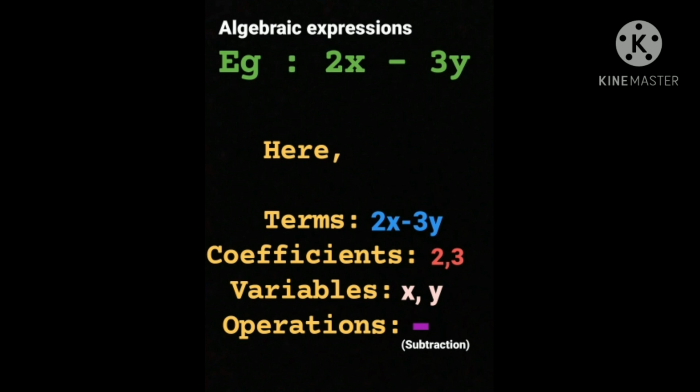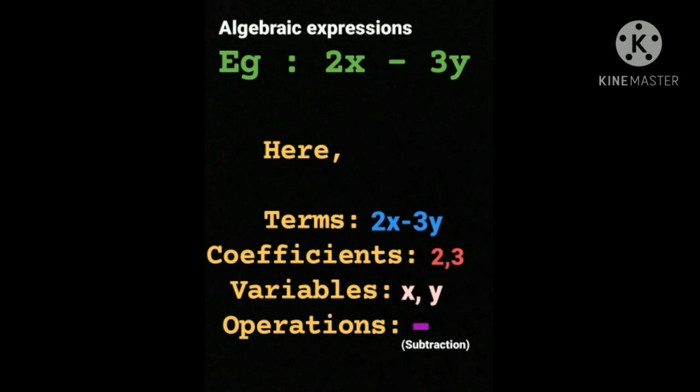Coefficient means the numbers 2 and 3. See, 2 and 3 are numbers that are called coefficients, and variables are the alphabets x, y. So in this, the variables are x and y. Operation, what operation is performed on this?